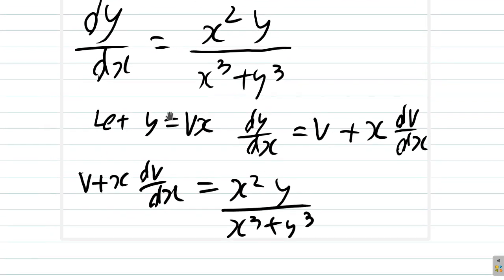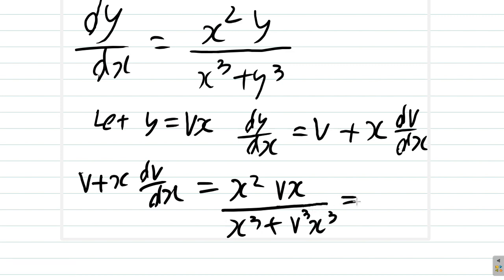But remember, y is equal to vx. So this y is vx, and this y cubed would be vx all cubed, which is v cubed x cubed.